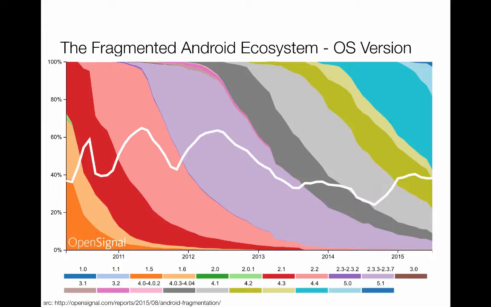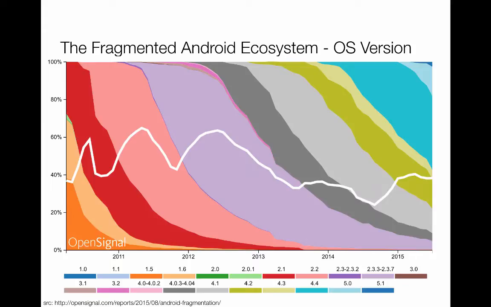And even at that time, you can still see a big market share is taken by API levels from several years ago, like 4.4. What this means is that when you develop an application on Android, you really have to consider all these people using the older operating systems, and you have to figure out a way to make your app work for the latest version as well as being compatible with the earlier versions. So fragmentation is really an issue for all Android developers.